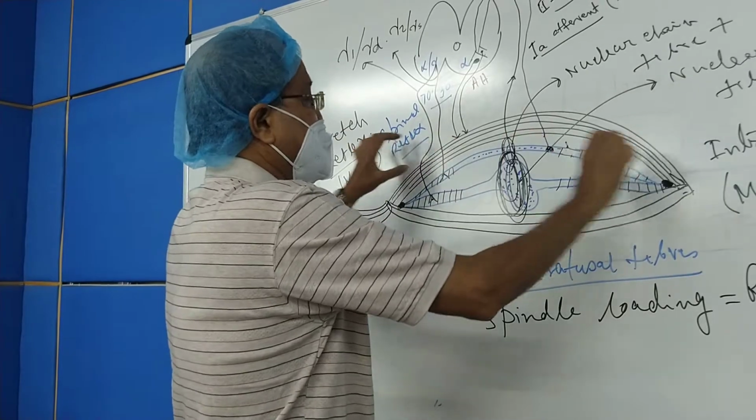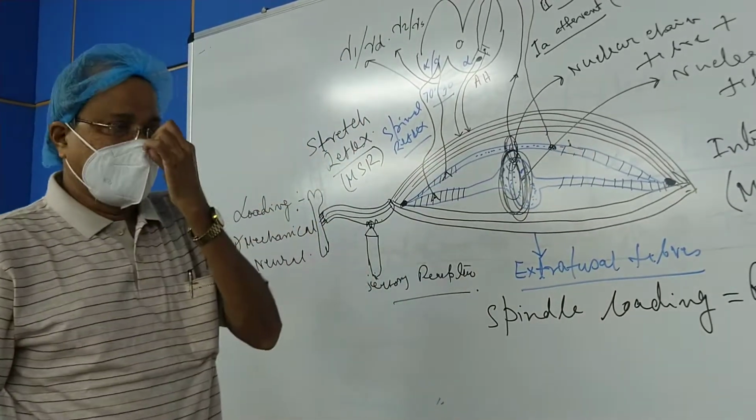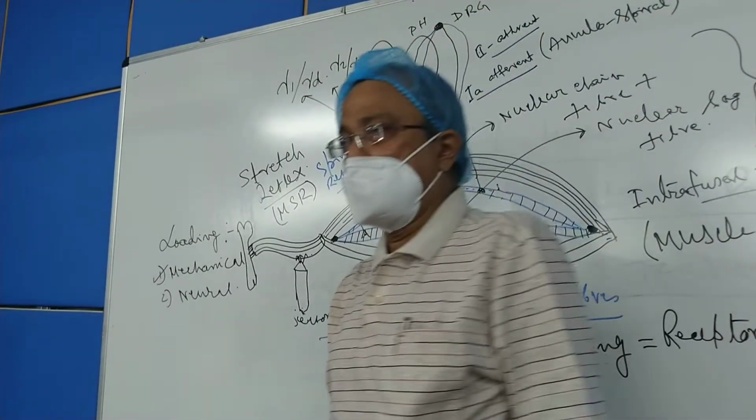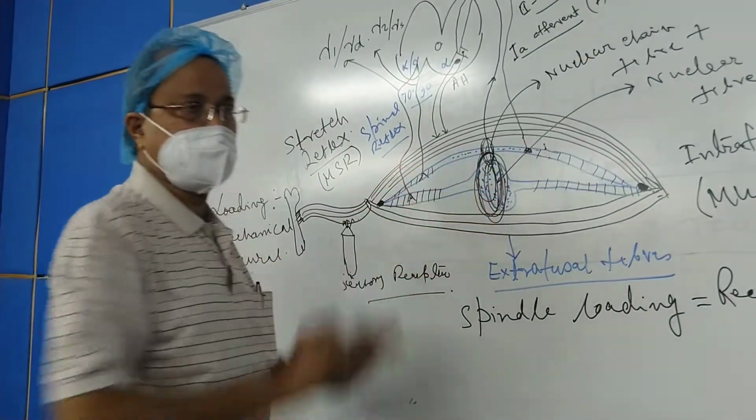So if the bag fiber and the chain fibers are stretched, the stretch will be maximally effective on the central or equatorial region of the muscle spindle.